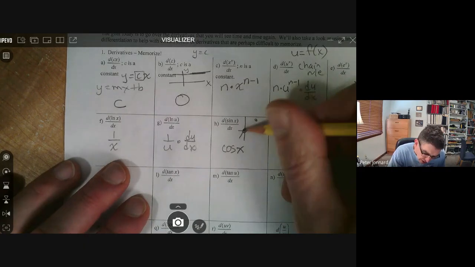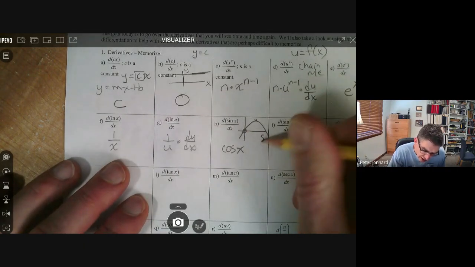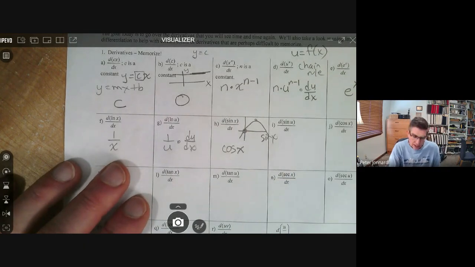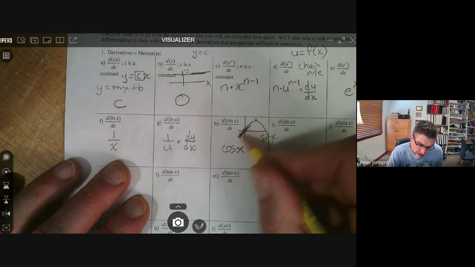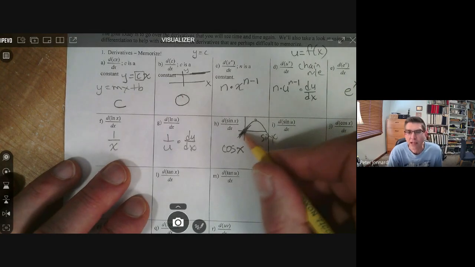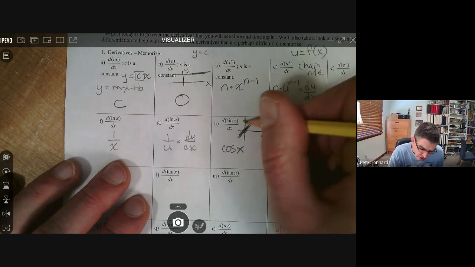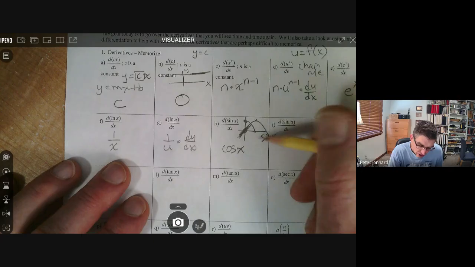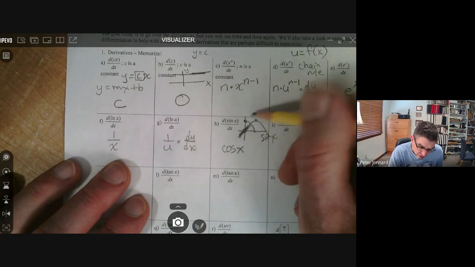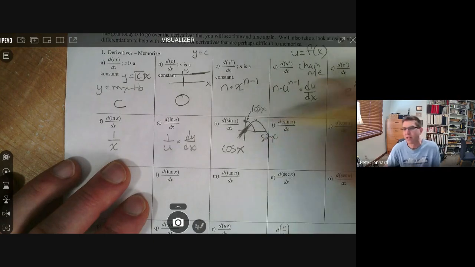And so you end up with this graph here, the graph of sine of x. What's nice is you'll notice that the slope here is positive, and this happens to be positive 1, which is exactly equal to the cosine. If you graph the cosine of x, it does this. So the derivative of the sine is exactly equal to the cosine of x, which I just think is really cool.